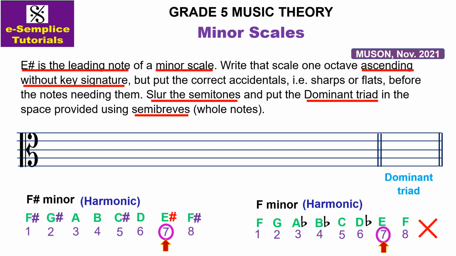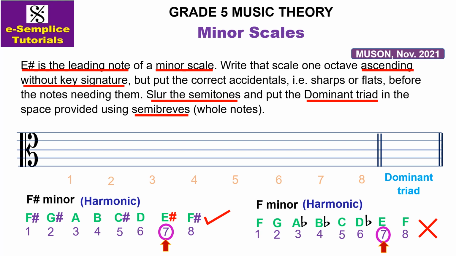If I raise the 7th degree, I'll have E sharp. So this already shows that my guess is right, because here I have E sharp as the leading note. So that means I am actually supposed to write the F sharp minor harmonic scale ascending.